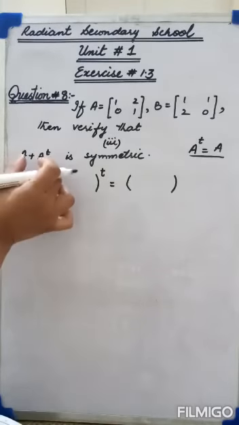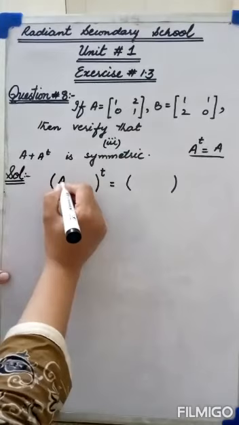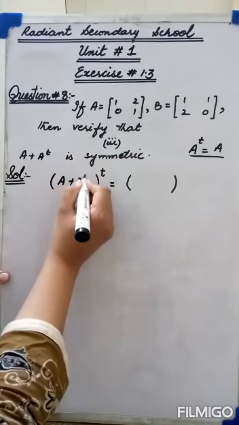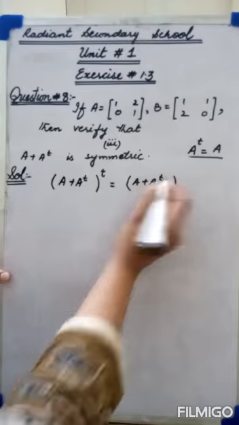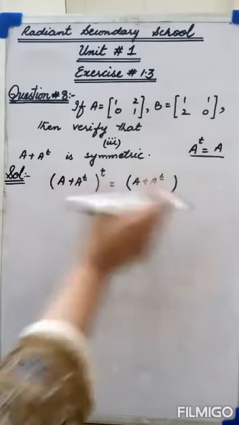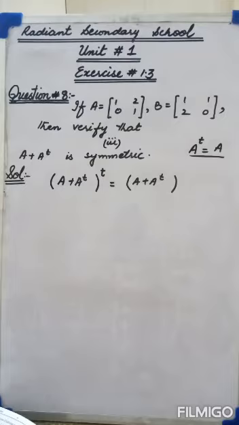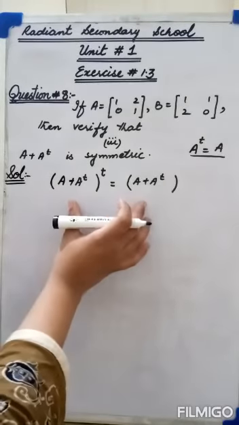So now we have to prove A plus A transpose is symmetric. We have to write A plus A transpose whole transpose equal to itself, right? A plus A transpose whole transpose is equal to A plus A transpose. This is the condition of a symmetric matrix. Now we have written the condition, we just have to solve it.